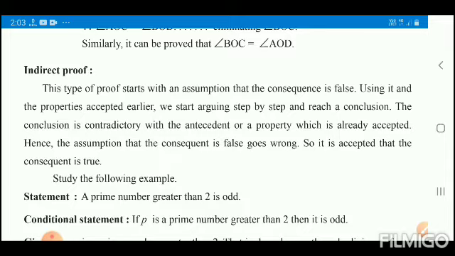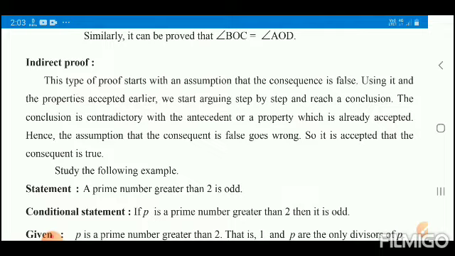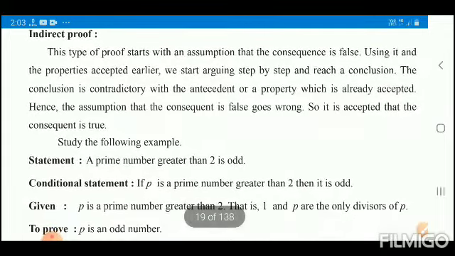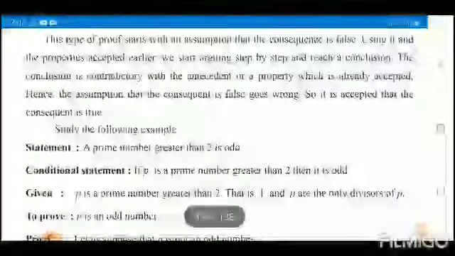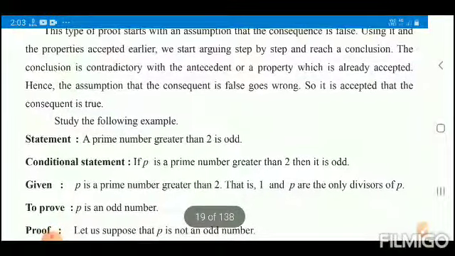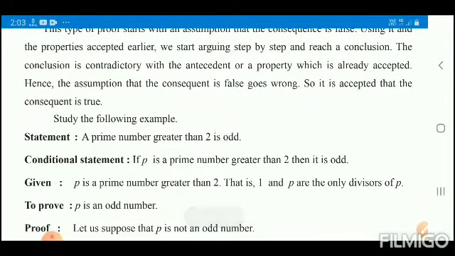First we assume that the given statement is false, and then we prove the theorem. The conclusion contradicts the antecedent or a property which is already accepted. Hence the assumption that the consequent is false goes wrong. So it is accepted that the consequent is true.